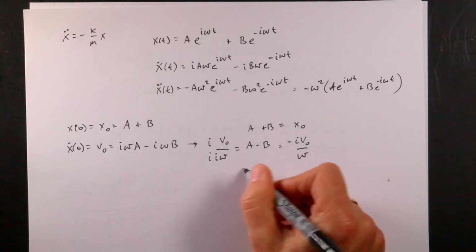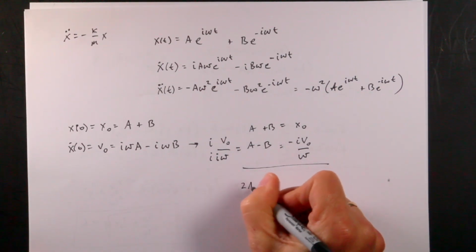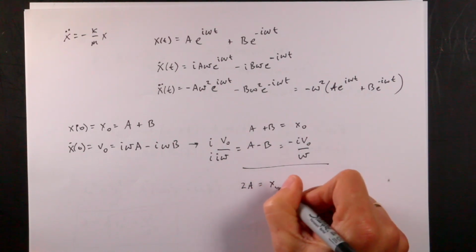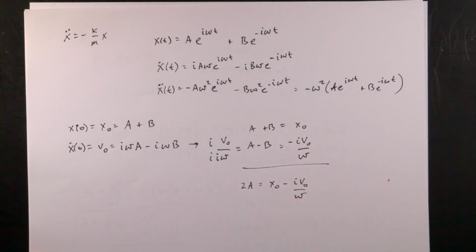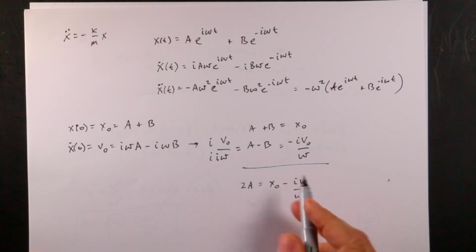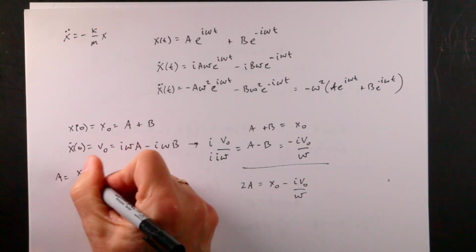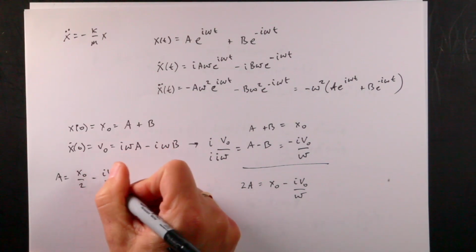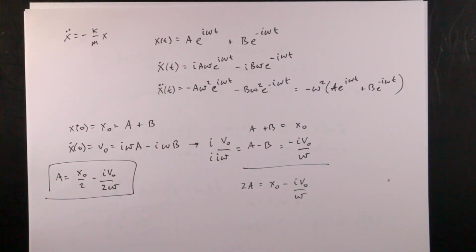Now I can add those two equations. So a plus a is 2a, b minus b is 0, and then I get equals x0 minus i v0 over omega. And I want to solve for a, so divide both sides by 2. I get a equals x0 over 2 minus i v0 over 2 omega. Now I need to find b.